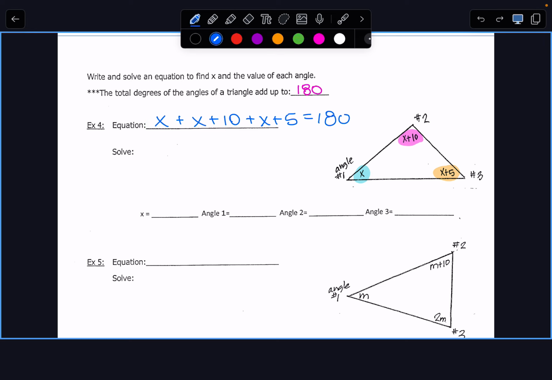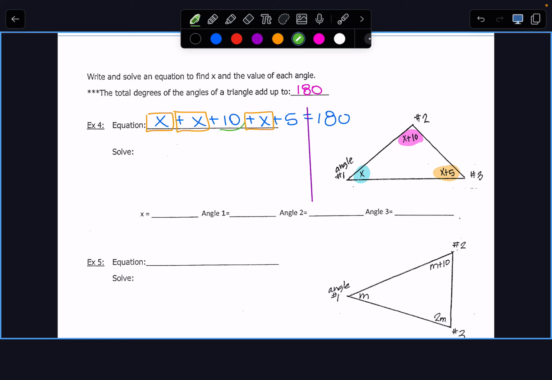now we get to solve the equation. And it's actually like kind of a nice equation to solve once we do the first step. What do we need to do first? What'd you say? Yeah, we have like terms to combine. So we have x plus x plus x.